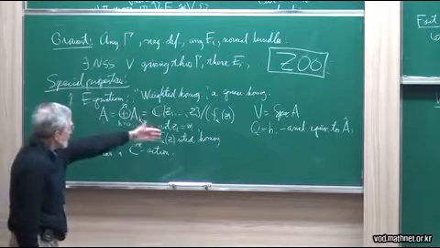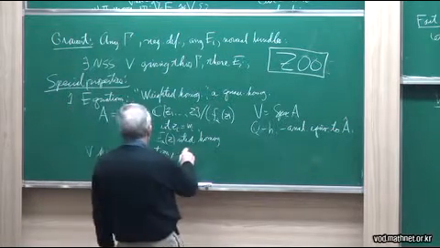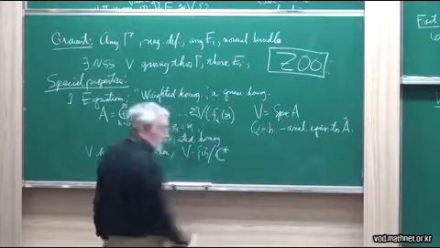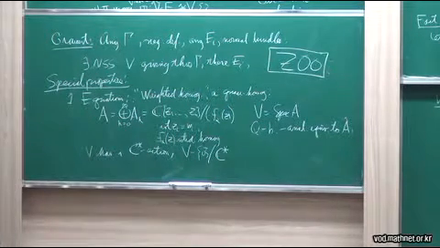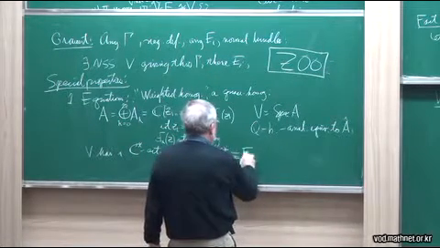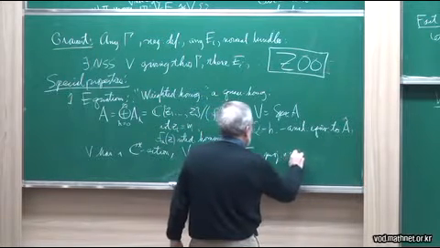That's what it means for this to be graded. And we can look at V minus the origin and divide out by the C star action. The action's free there, and we get a curve, a projective non-singular curve.